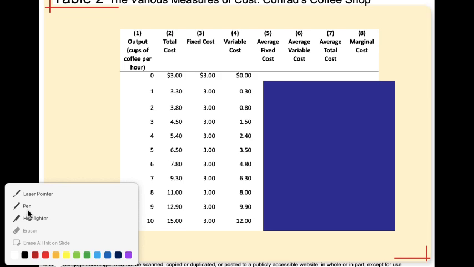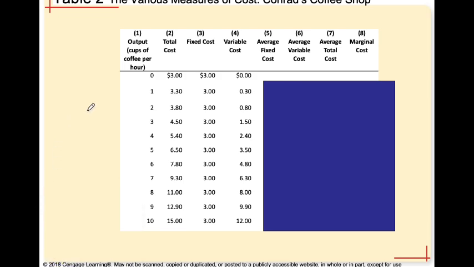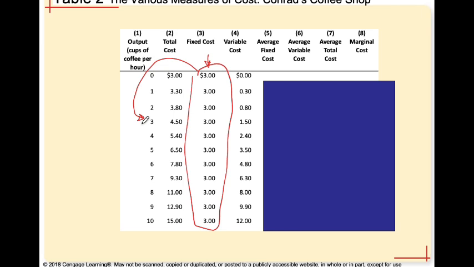So fixed cost, notice that it's constant because it does not depend on how much coffee is being produced. Whereas the variable cost changes, and you notice that it keeps on increasing as more and more is being produced.